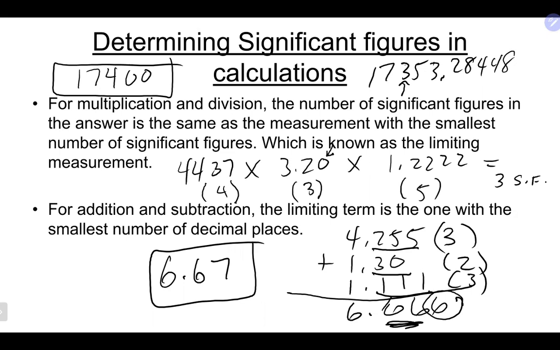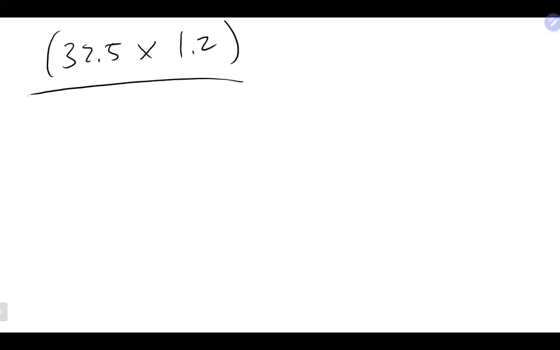Question on that? Now what happens, I did a little combo action here. I did something like 32.5 times 1.2 divided by 435. When we do math like this, which part would we typically do first? The part in the parentheses. We're multiplying, which means we're looking at significant figures.